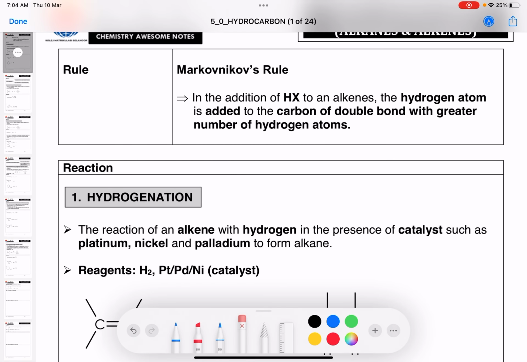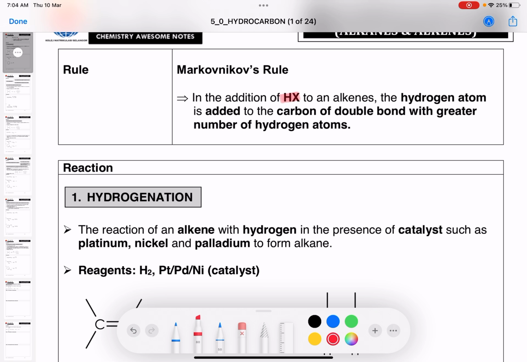So when we want to predict the product, we are going to apply what we call Markovnikov's rule. But this is only when you have the addition of HX and anything related to halogen as well.